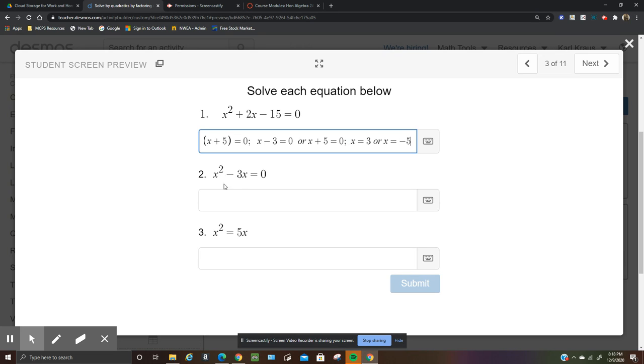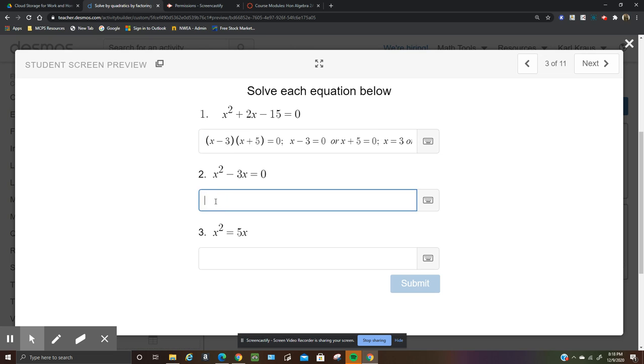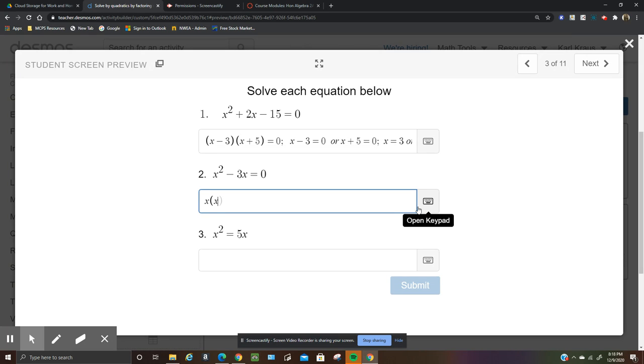This next one has a common factor. So you're going to do x times x minus 3 equals 0.